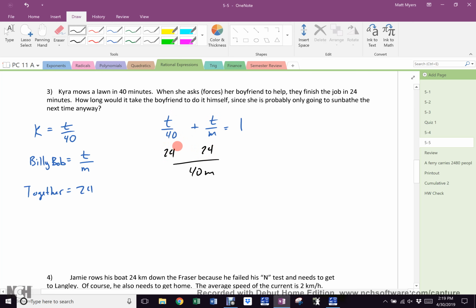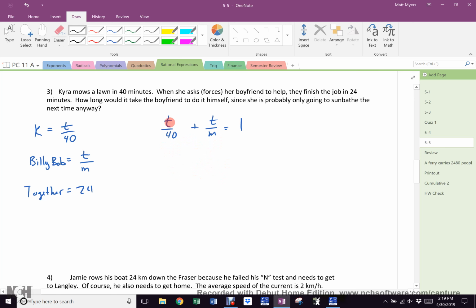But now I need a common denominator. What do I need to multiply this by? What's the common denominator? It's 40M. So what does this guy need? 40M. And what's this guy need? Okay.